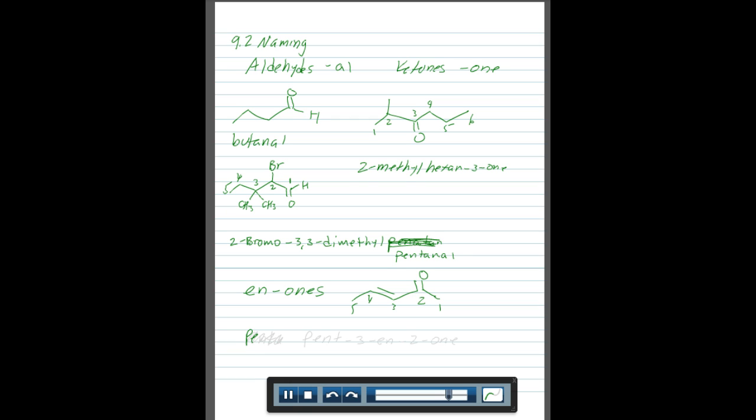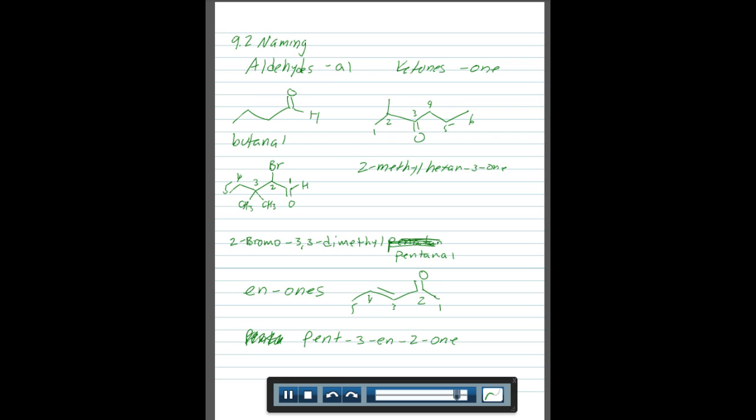So this is pent-3-en-2-one. The reason it's "ene" first is because E comes alphabetically first. And you don't write pentane because it's not a pentane. It's not a single-bonded molecule. You have a double bond in there, so that "ane" becomes an "en." So it's an enone.